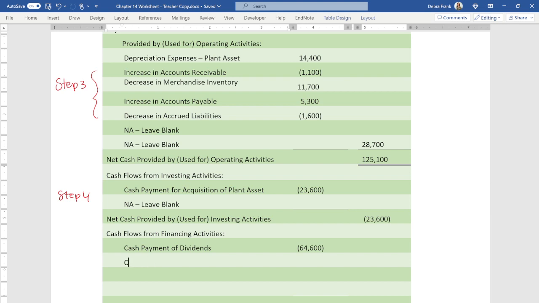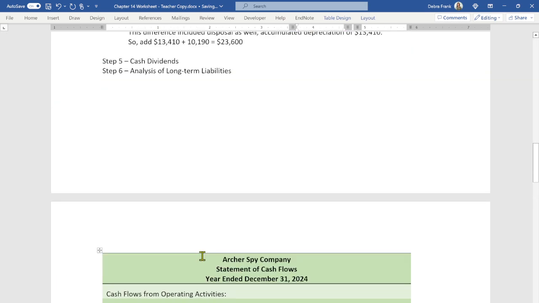And so we have an additional cash payment of notes payable for 50,100. Because we had actually increased that note payable by an amount of 21,100.